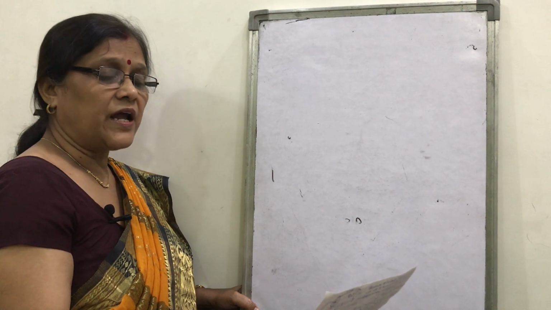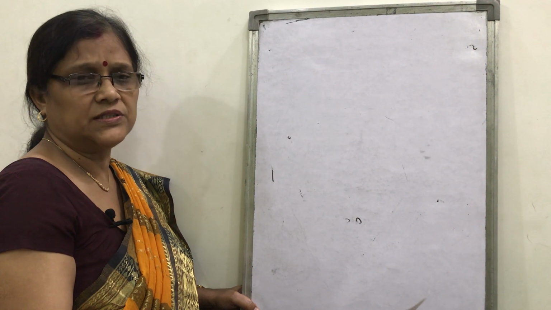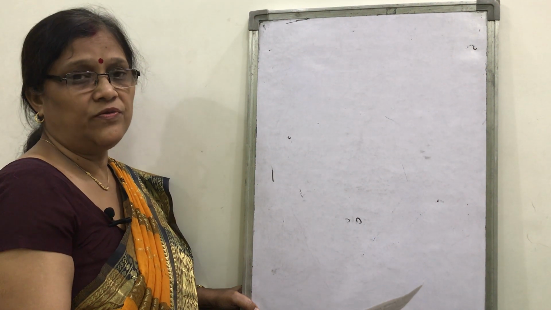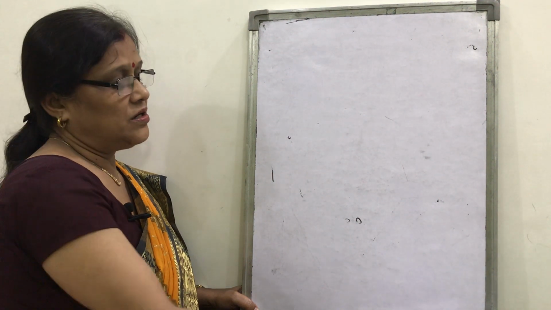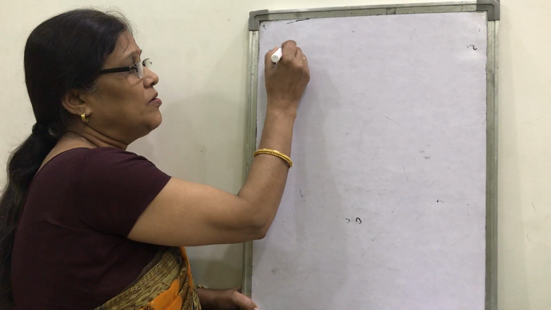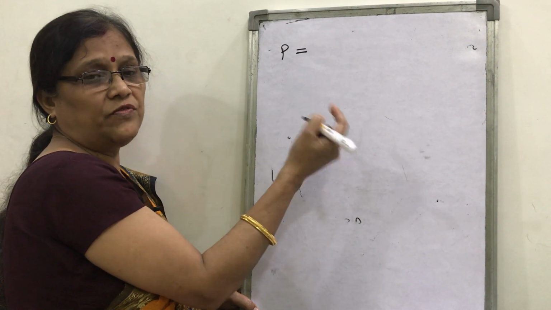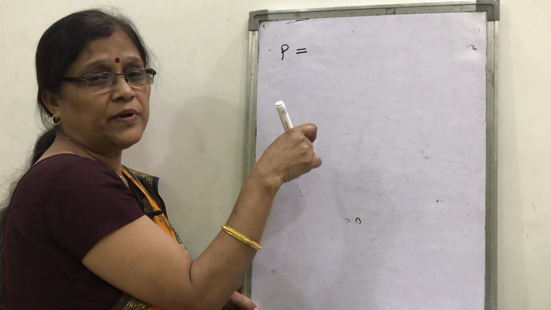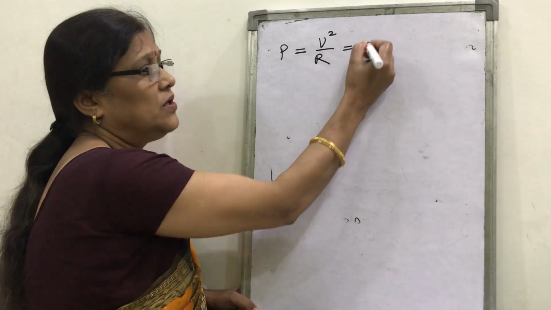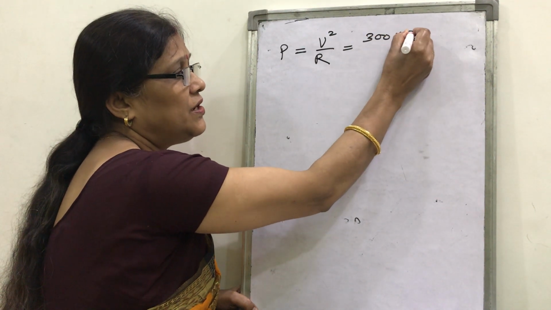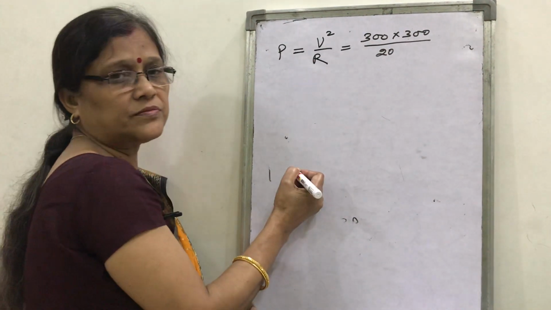Now it is asked, can you use it across a 300 volt DC source of negligible internal resistance? Then how will you find it? As you know, the power when you are using this 20 ohm resistance with a 300 volt DC supply, P equals V square upon R, which gives 300 into 300 upon the resistance, 20 ohm.